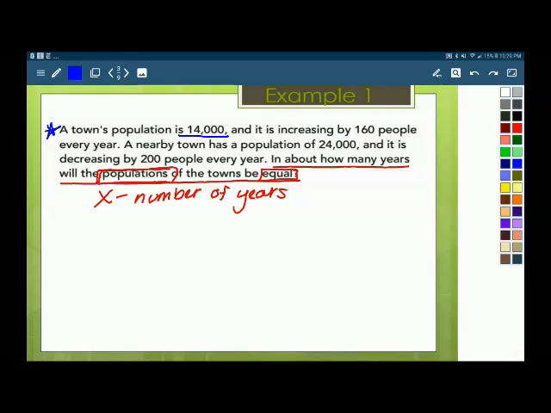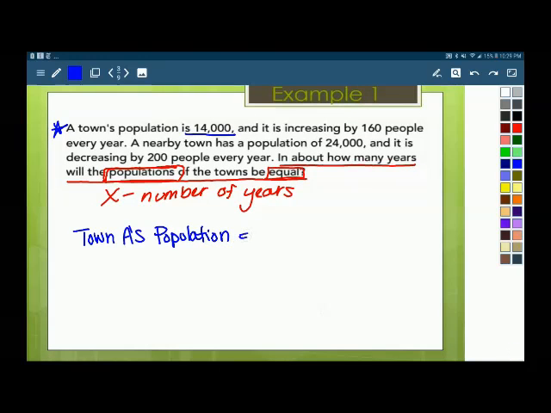Let's call that town A. Town A's population, we want to know when that's equal to town B's population. Okay, and we'll call town B that nearby town.